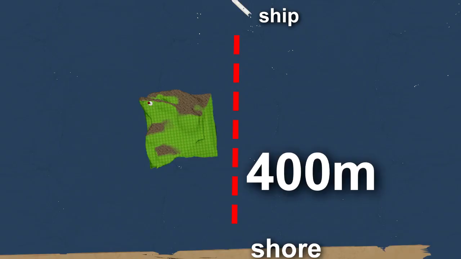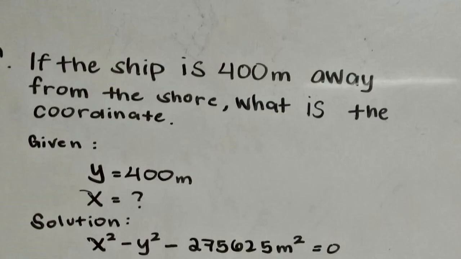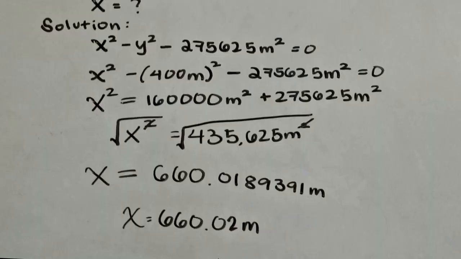C. If the ship is 400 meters away from the shore, what is the coordinate? So the given is y equals 400 meters and x is unknown. To solve x, we need to use the general formula. X squared minus y squared minus 275,625 meters squared equals 0. Next, substitute 400 meters to y squared.